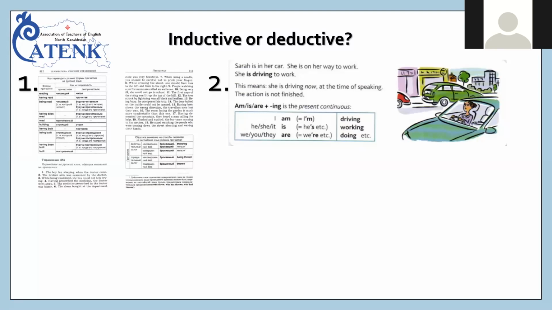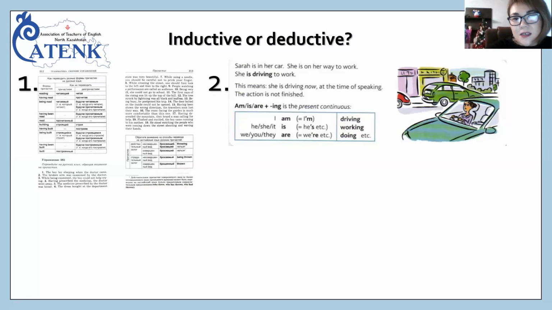So in the first sentences, the context is provided. Context is really important: not just jumping to the grammar, but first you need to set up a context. As Irina said, it is very important here in the beginning. Sarah is in her car, she's on her way to work, she's driving to work.